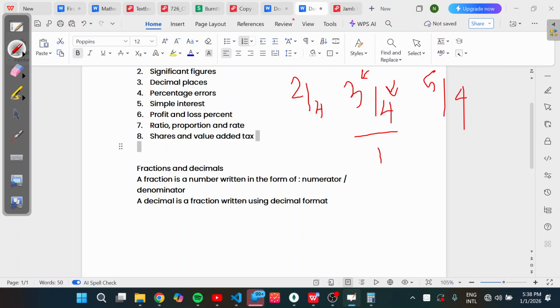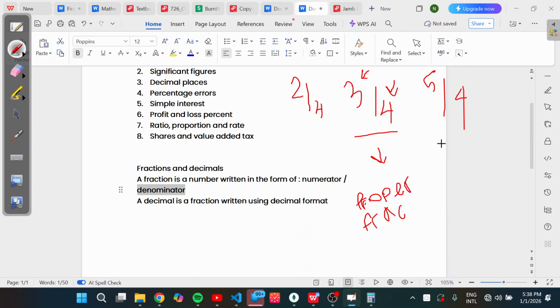So let me just write it out: proper fraction. Forgive my handwriting, but at least you get it. So this is a proper fraction.